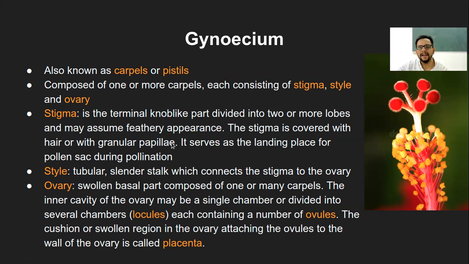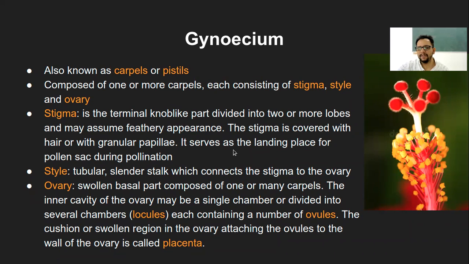Papillae is nothing but a granular layer, like a rough surface. The reason for this feathery appearance or hair or granular papillae is just to attract the insects, so that those insects can go and sit on those stigmas. And that is the reason for having this structure.